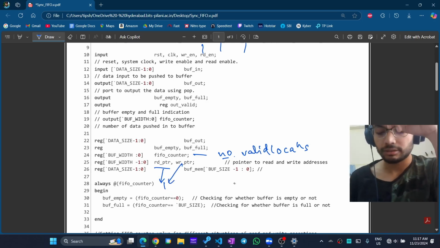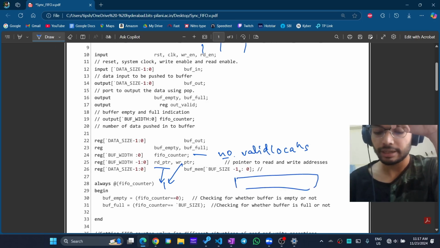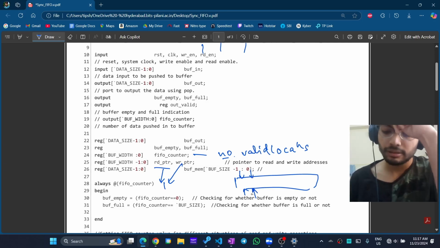First, the read pointer and write pointer are initialized to 0. Whenever a read happens, it is incremented. When a write happens, it is incremented.